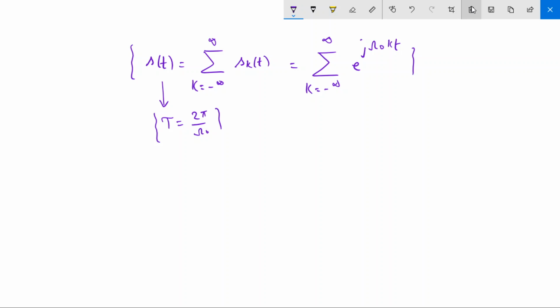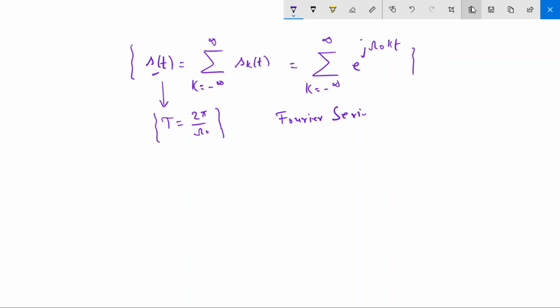Now comes the reverse question: if the signal is periodic in nature, can we express this signal in terms of a series like this? Can we express a periodic signal in a series of complex harmonics? And the answer is yes. That is what we get, the Fourier series.